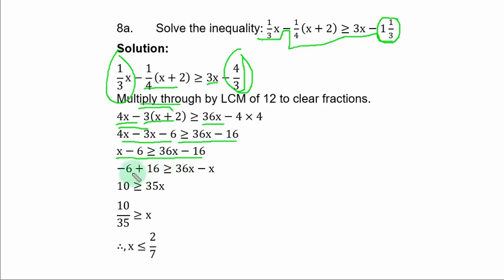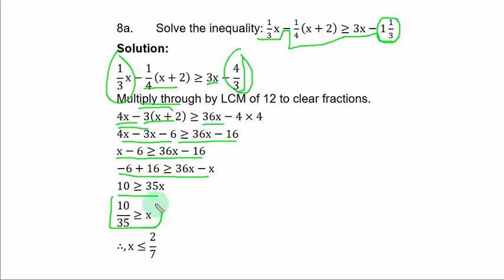Collect like terms, you have minus 6 plus 16 greater than or equal to 36s minus s, and that is 10 greater than or equal to 35s. Divide both sides by 35, you have 10 over 35 greater than or equal to s.